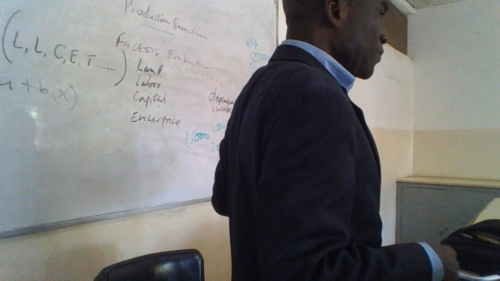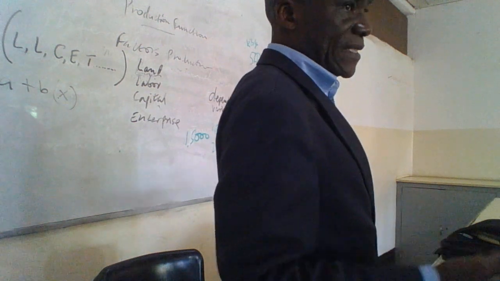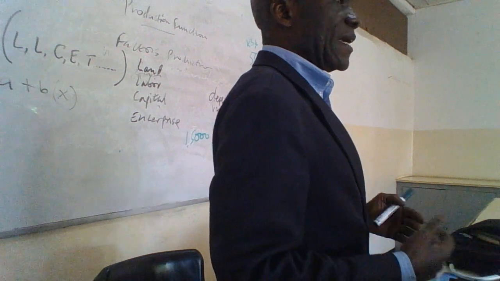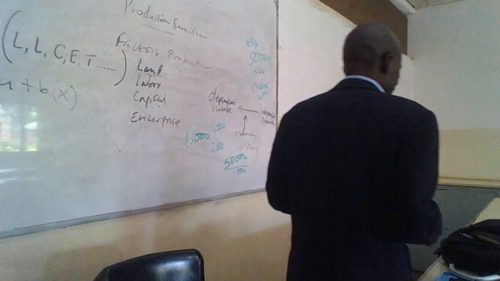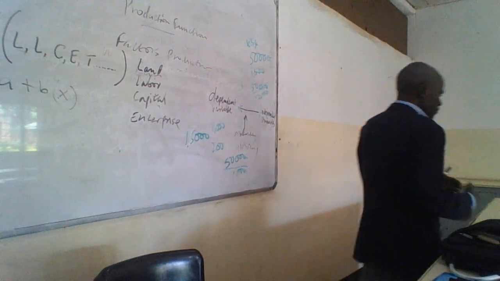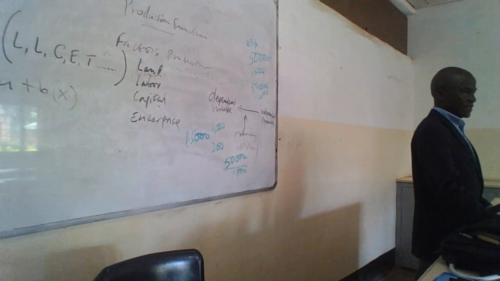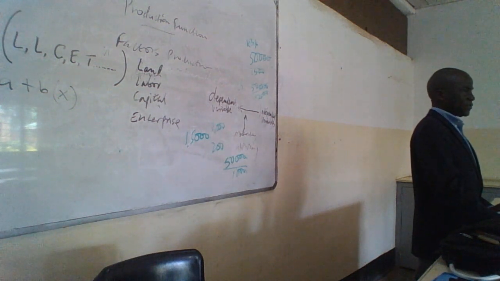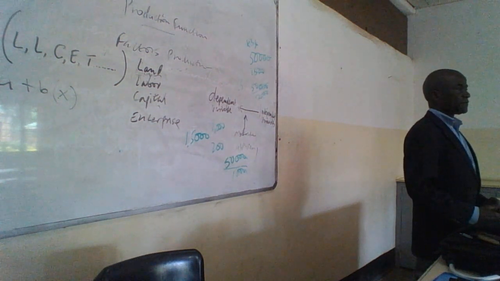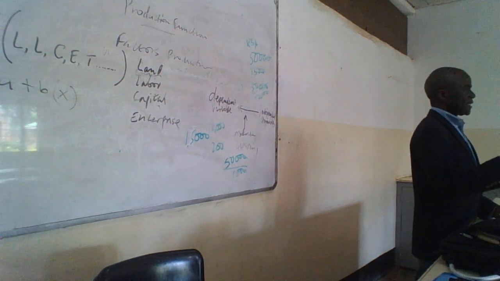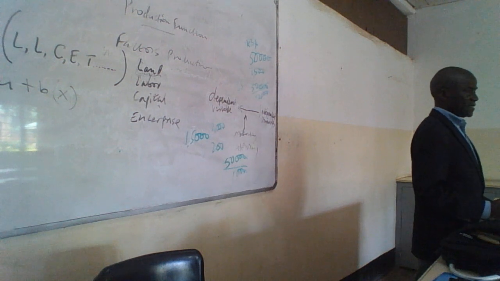Here, we can also talk about marginal returns, marginal benefits. If you add one more input, how much output do you increase? So for example, you have 3 workers, they are producing 3 bags.